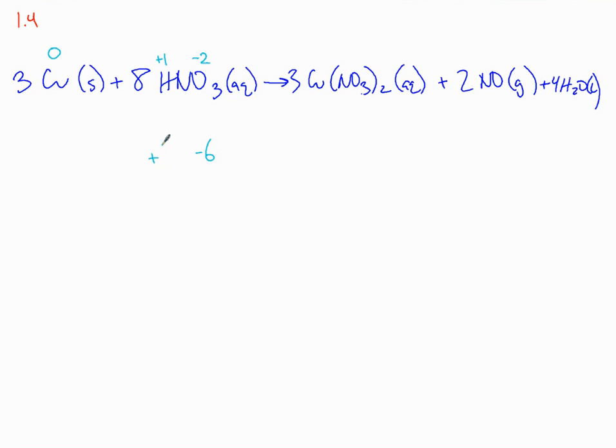Hydrogen is a +1. And really we just need to figure out what nitrogen is now. And so what you have here is it needs to be +5 to balance out this oxygen. +1 + 5 - 6 = 0.